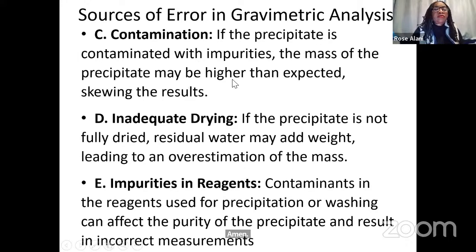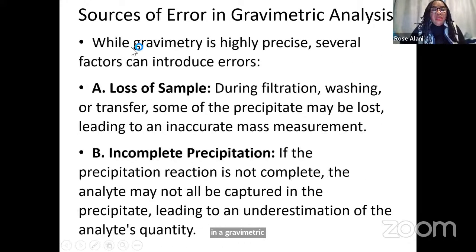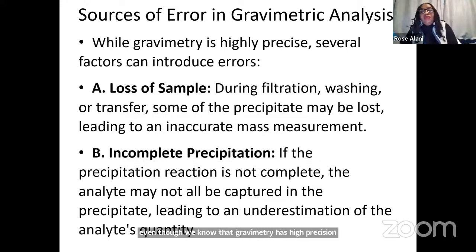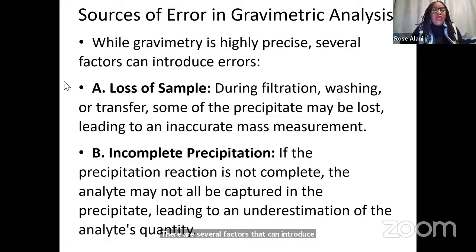So there are sources of error in gravimetric analysis. Even though we know that gravimetry has high precision, there are several factors that can introduce errors while we're carrying out gravimetric analysis.